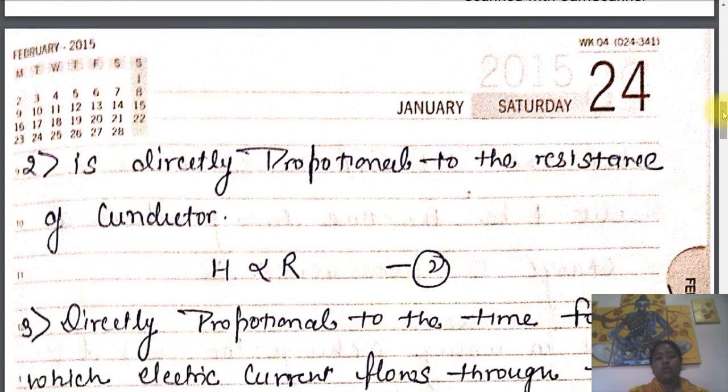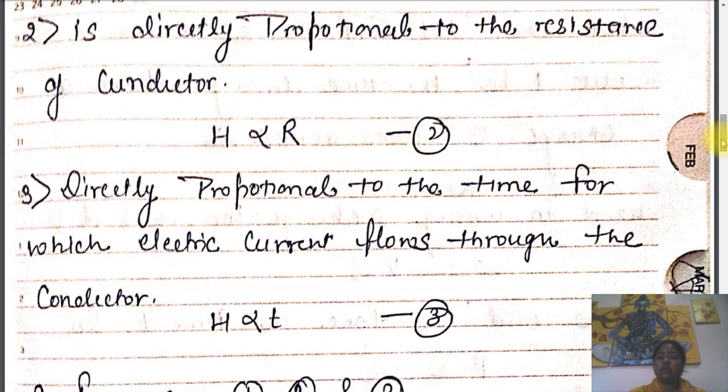That is, H is directly proportional to R. And thirdly, he talked about the time factor: the heat energy produced in the conductor is directly proportional to the time for which electric current flows through the circuit.